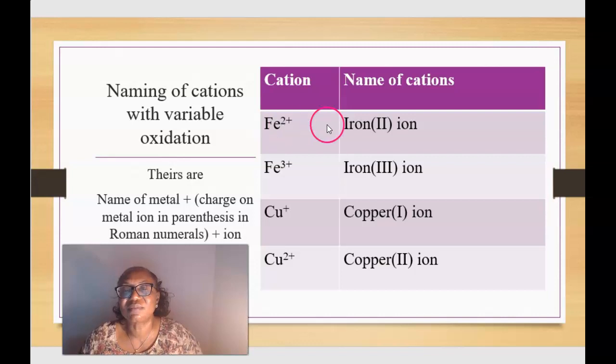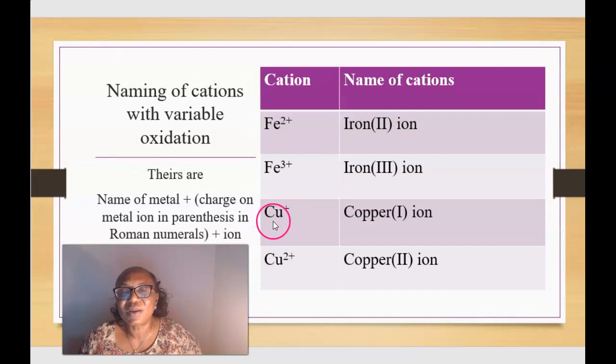What is its name? Iron(II) ion. The II is telling us that the charge on this cation is plus 2. If the ion has a charge of plus 3, its name is iron(III) ion. The III is showing that the charge on the cation is plus 3.